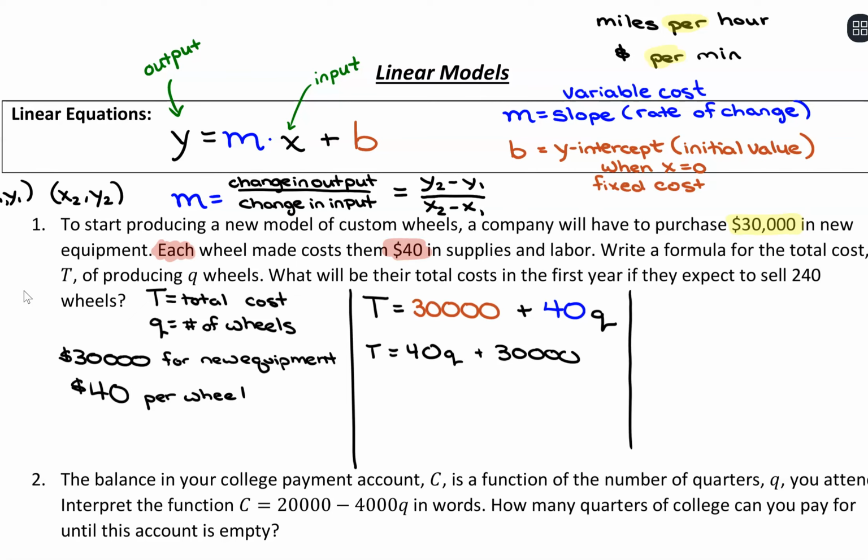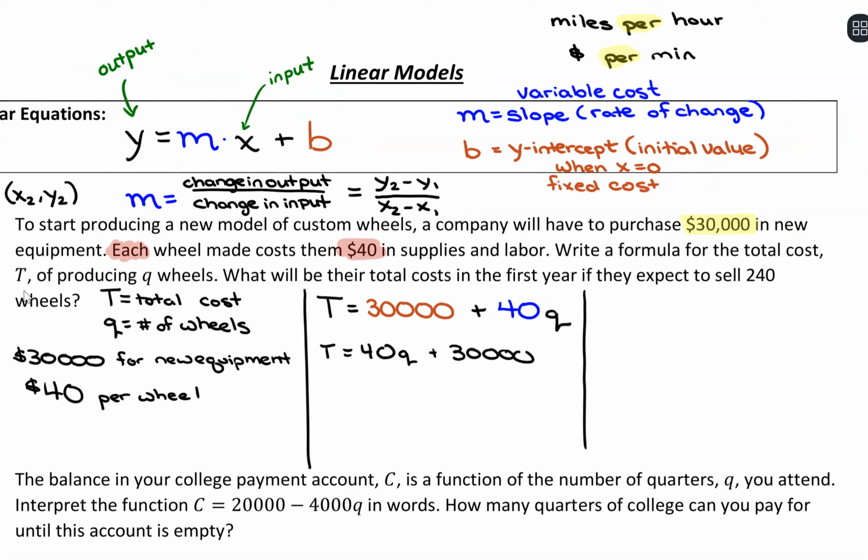So we made our model, and now we want to know what will be their total cost in the first year if they expect to sell 240 wheels. So what we're doing here is we're letting Q equal 240. So I'm going to go to our equation and go T equals 30,000 plus 40 times 240. And we could just plug that into a calculator.